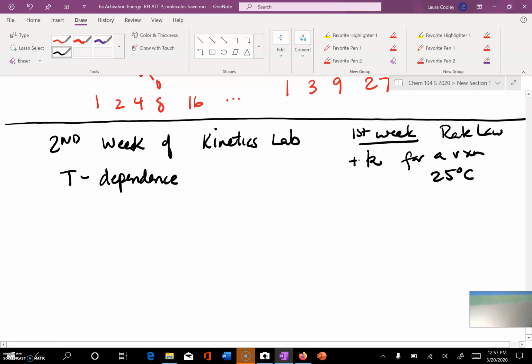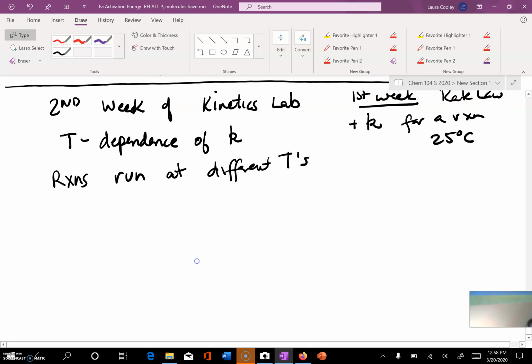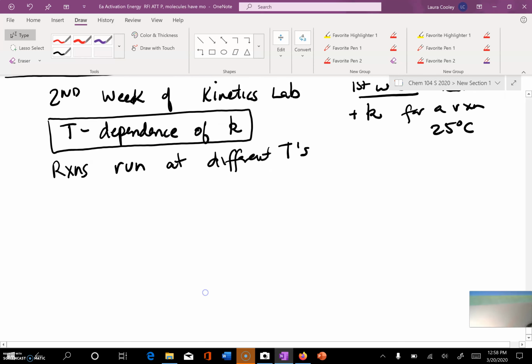Okay, the second week is the temperature dependence of K. So you would have been running reactions at different temperatures. And from looking at the temperature dependence of the rate constant, you can actually get data that will allow you to figure out what the activation energy and the pre-exponential factor are. So I'm going to show you how that's done.